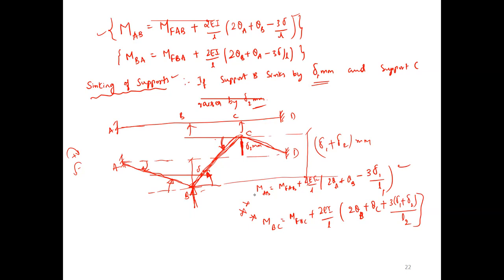Any doubts in sinking? I will give one more example. If I give the question like: support A sinks by 2 mm, and B rises by 4 mm, and C sinks by 8 mm.